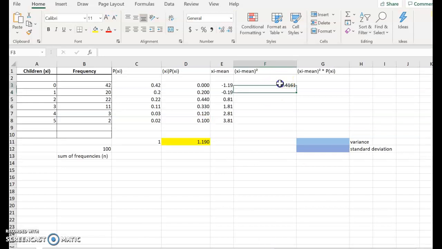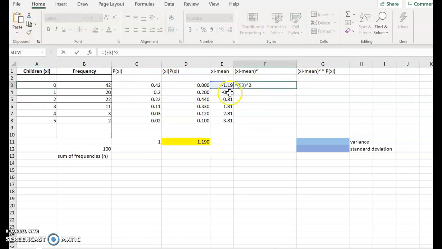So here we want to round just like that. How did I get that number again? I took my difference of X and my mean, and I squared it. And then I'm going to copy that down.